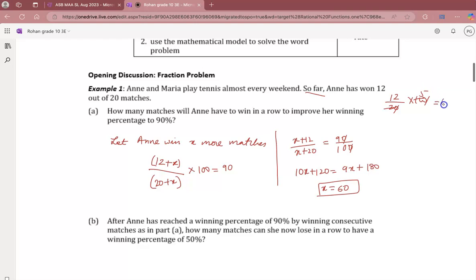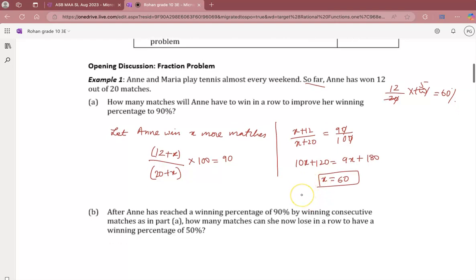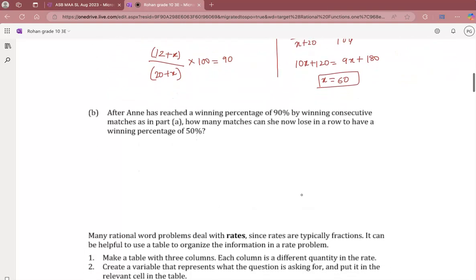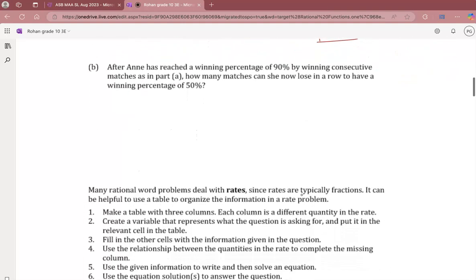So from 60%, you have to go up to 90%. Obviously, many more matches will be required. So she has to win 60 consecutive matches to make it to 90%, which is not possible.